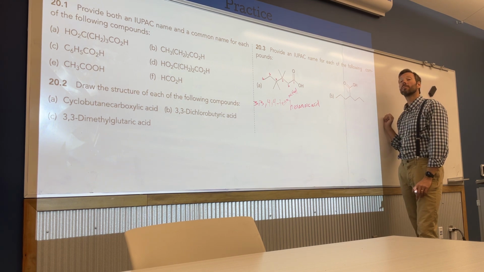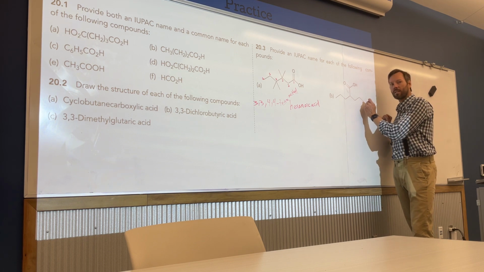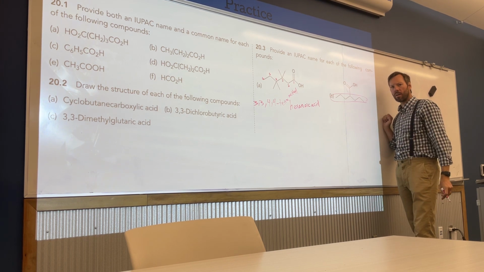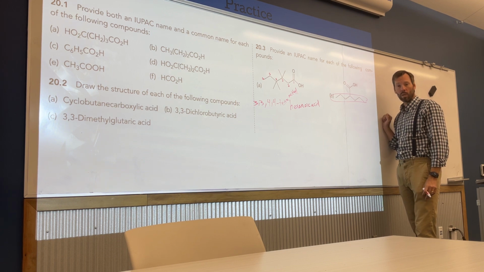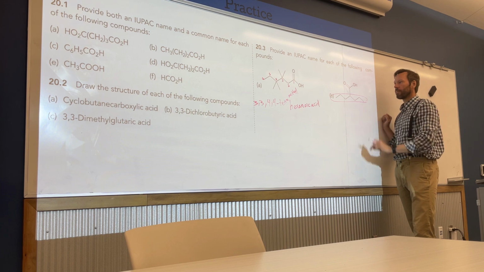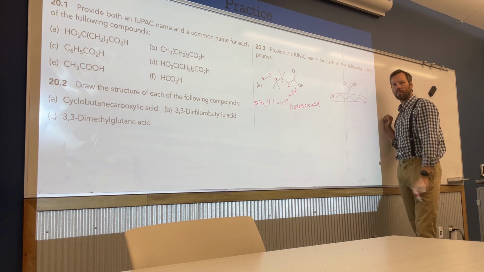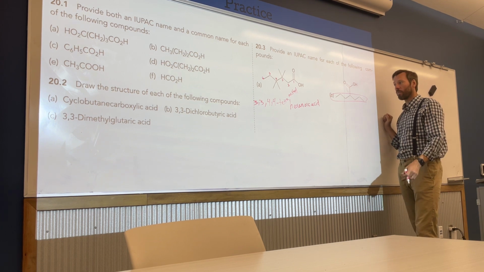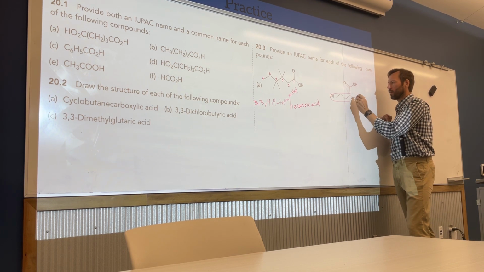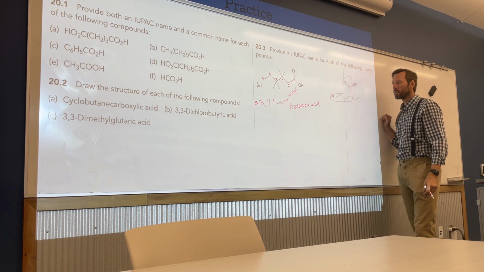You got 2-propyl pentanoic acid. So this could be a little bit tricky, right? Because technically, that's the longest chain, right? 1, 2, 3, 4, 5, 6, 7. But we always start from the carbonyl, so it's going to be that, right?